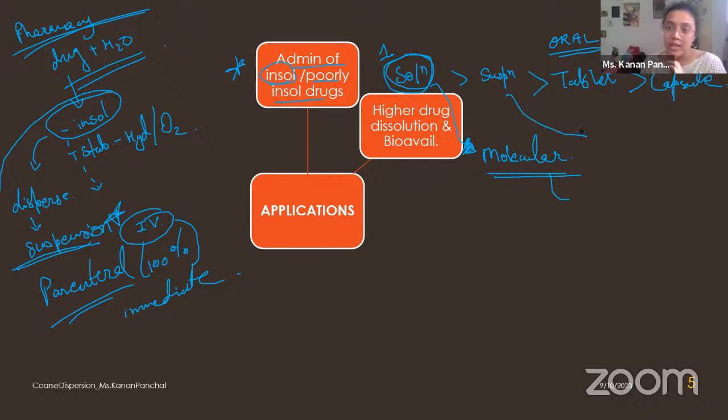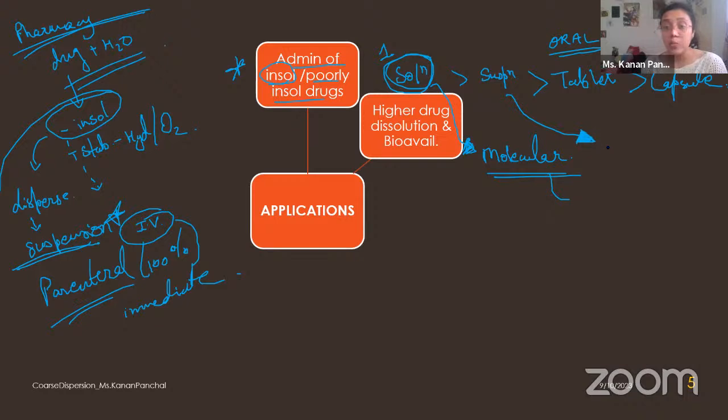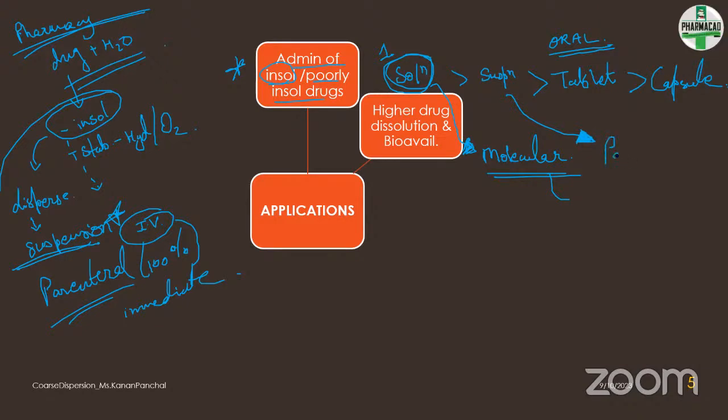But your suspensions, are they at the molecular level? Are suspensions at the molecular level? No, ma'am. These are important MCQs. If not molecular level, then which level are they at? Granules form.